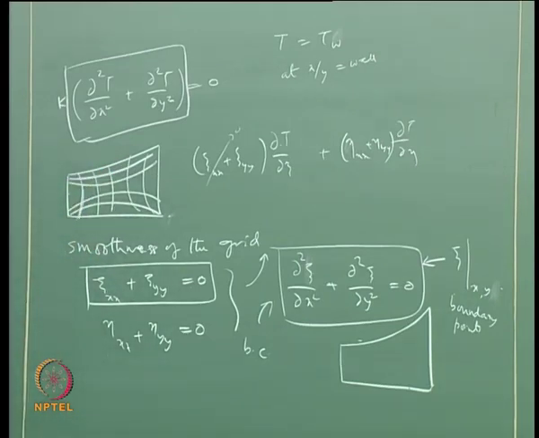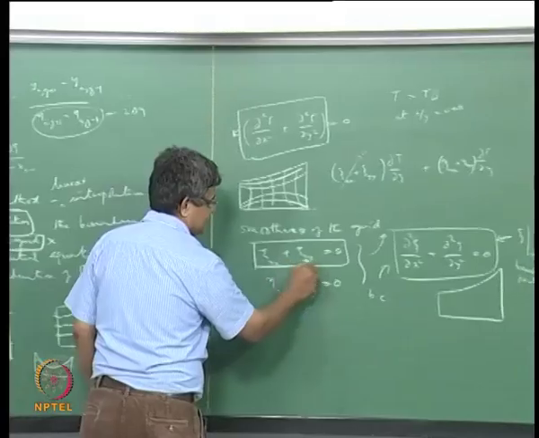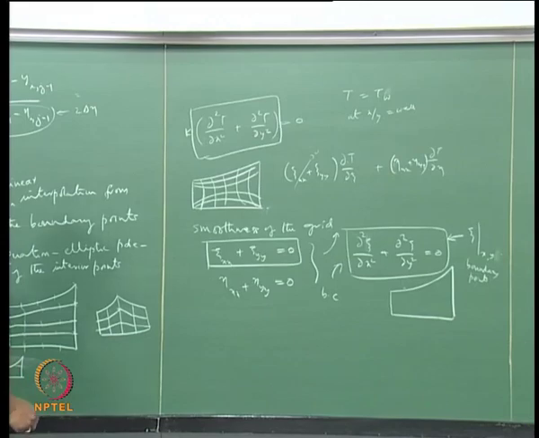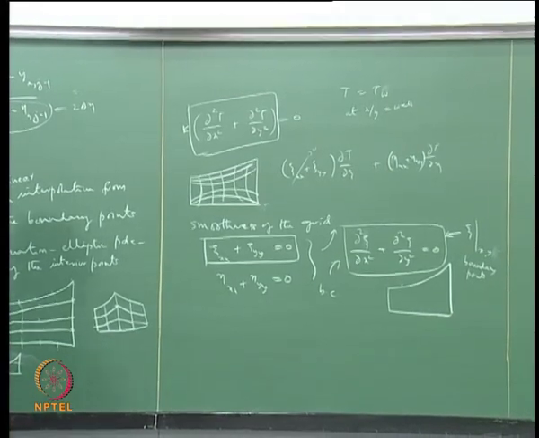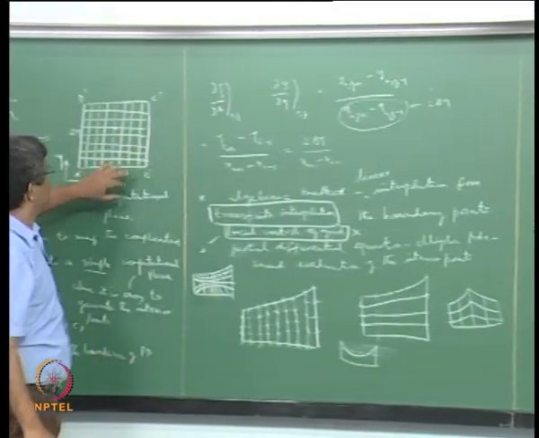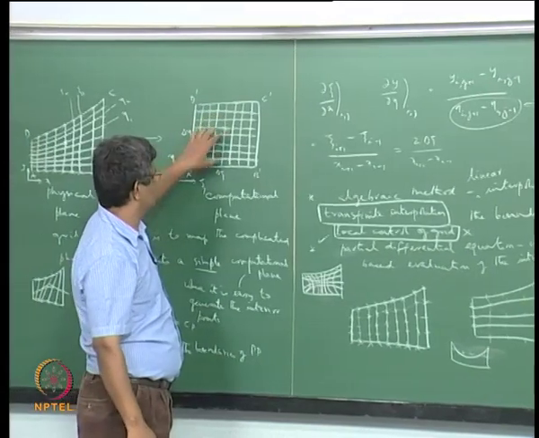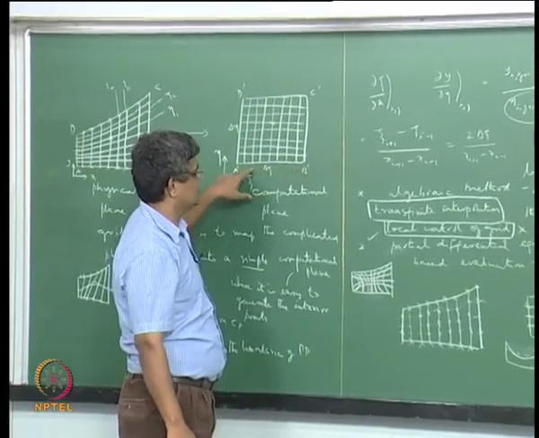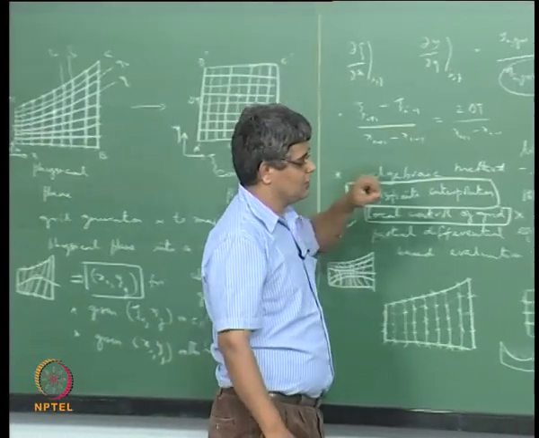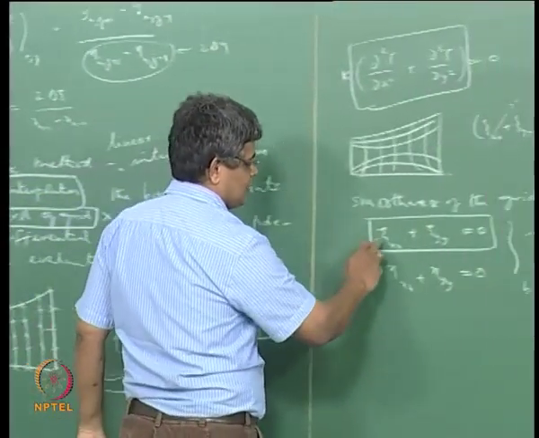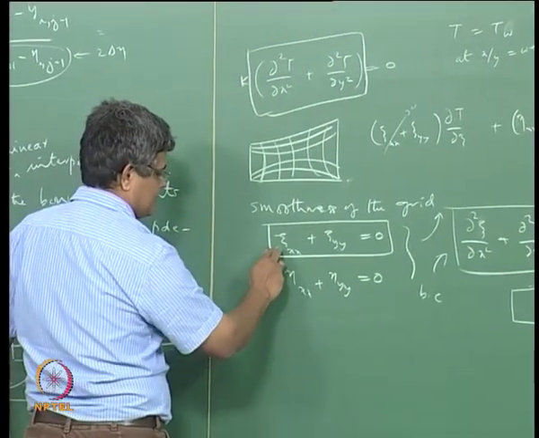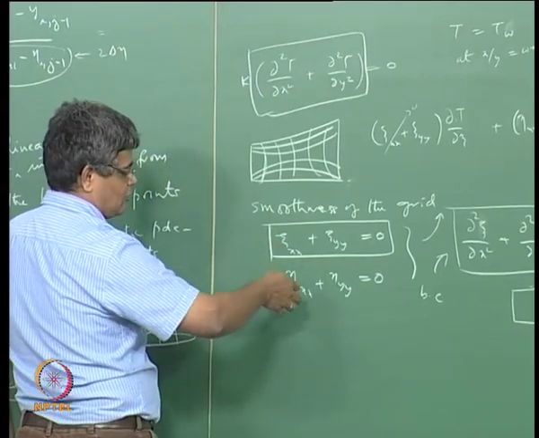But in this form these equations are not very useful, because we know the interior points here, and we know the boundary points here. It would be easier to work in the complementary way.